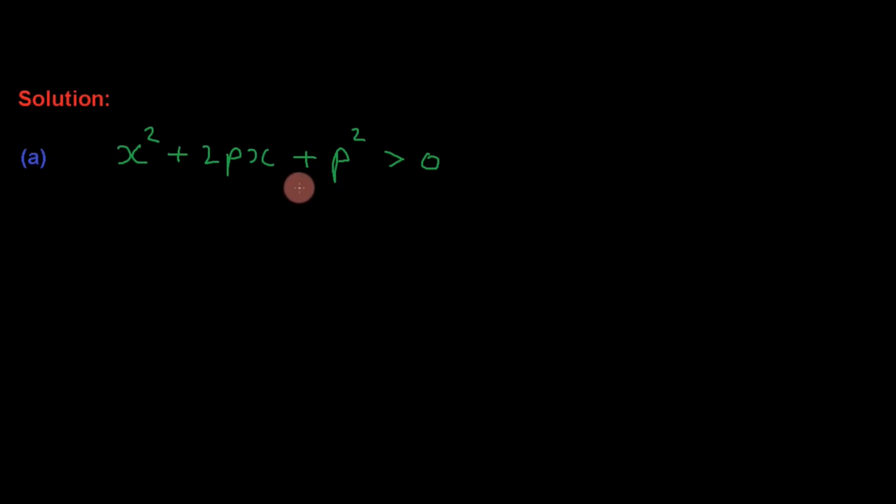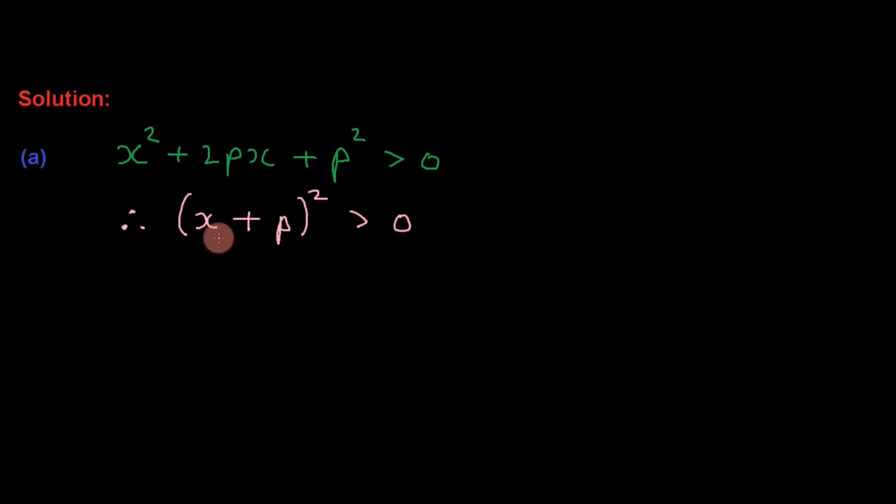So we can factorize it as such. So we take the square root of the first term, which is x, the middle term sign, and the square root of the third term, which is p, and this is all squared, so it's greater than 0.